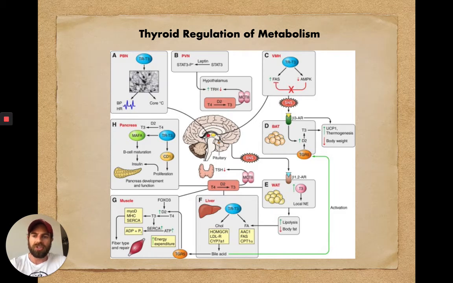Now, going to section G, this is about energy production and muscle, the skeletal muscle system. So T3 is needed to activate muscle fibers and induce contractions. Basically, it's making ATP, it's making energy in the muscle so that you can make a muscle contraction and movement.